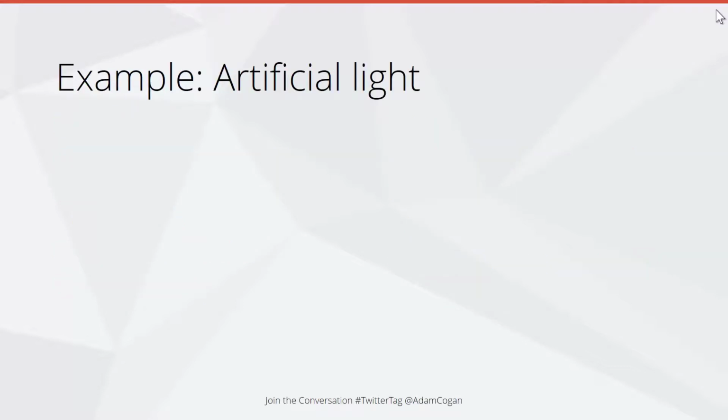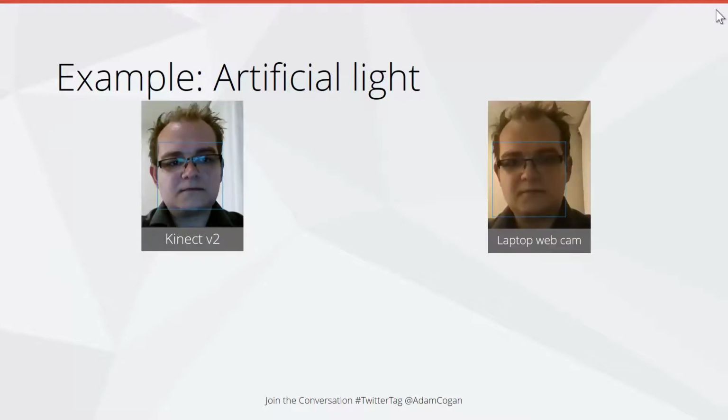So one example of artificial light: here you have the Kinect Vision 2, and here you have a laptop webcam. And here you can see the image is much brighter, and you see more pixel density, even though the image isn't really good. But remember, this is under artificial light. This isn't a really brightly lit room.